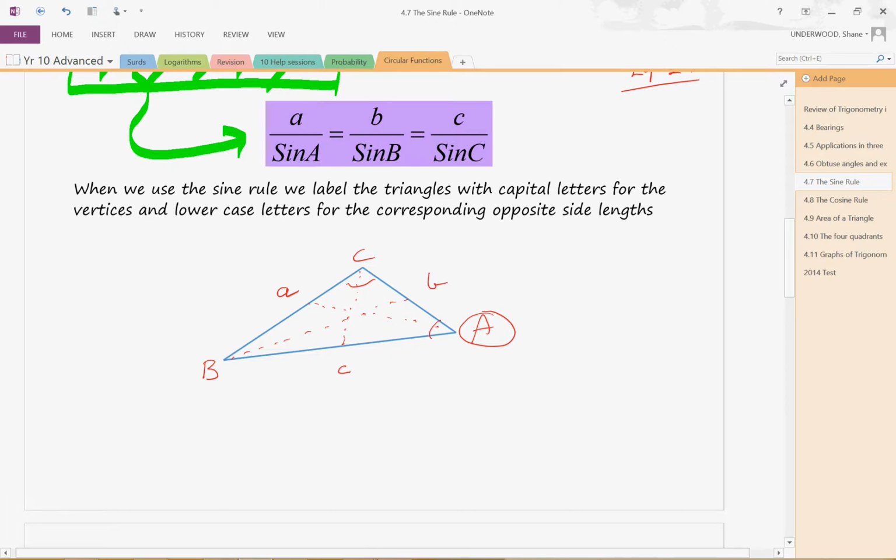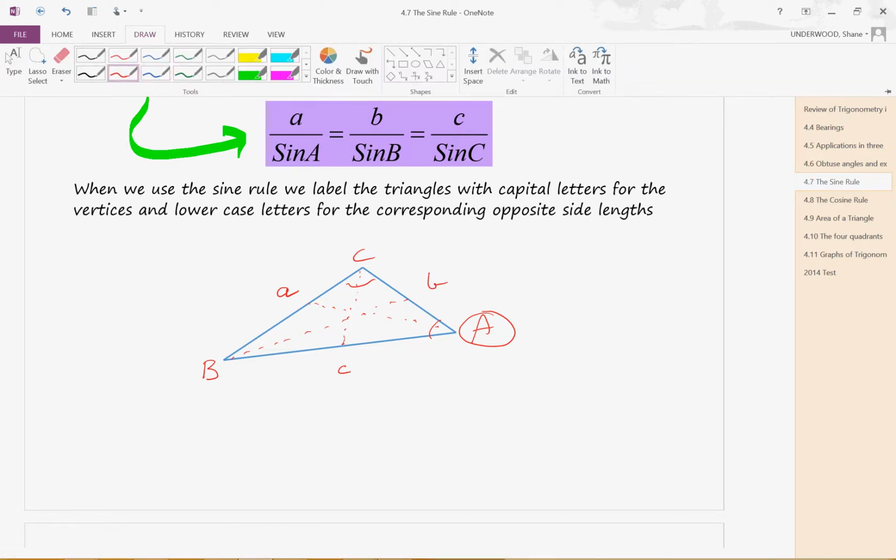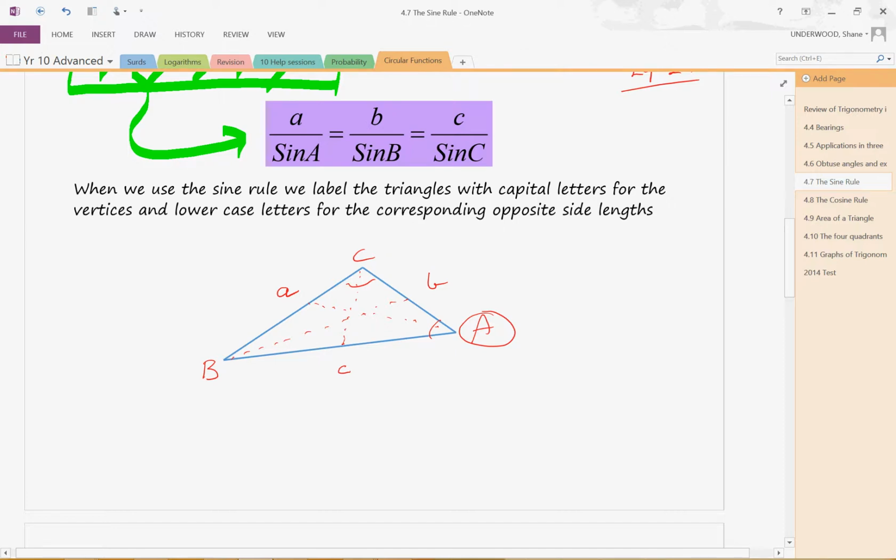So note the terminology. The little lowercase notation is for the sides.